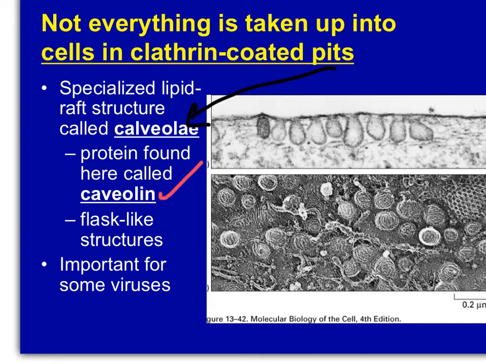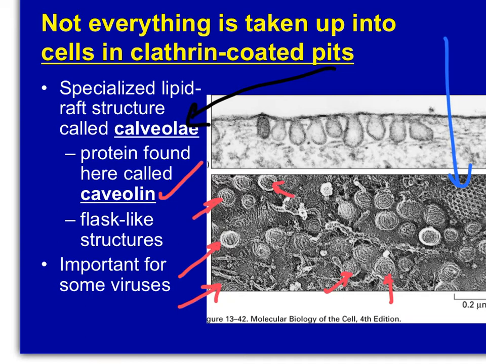The picture on the bottom here is showing you the underneath of a plasma membrane, and you can see both a clathrin-coated pit, which I've drawn a blue arrow to, but there are also these membrane internalizations that are primarily composed of lipids and this protein caveolin.